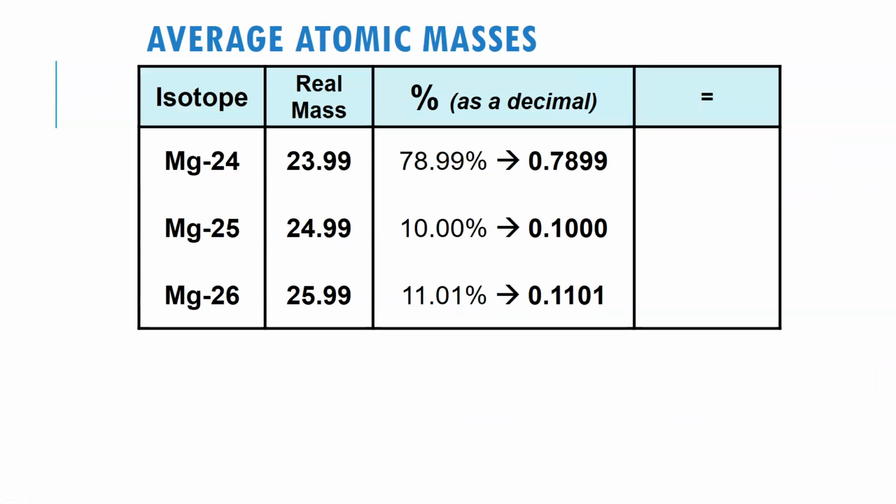All right, so here is an example. So let's say that I have these isotopes, 24, 25, 26. And let's say they tell me the actual mass. Now remember, this over here is the mass number. Mass numbers are always whole rounded numbers because this is protons plus neutrons.